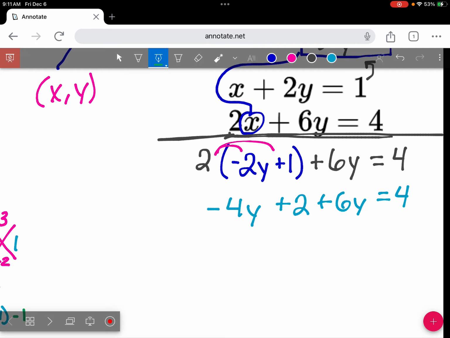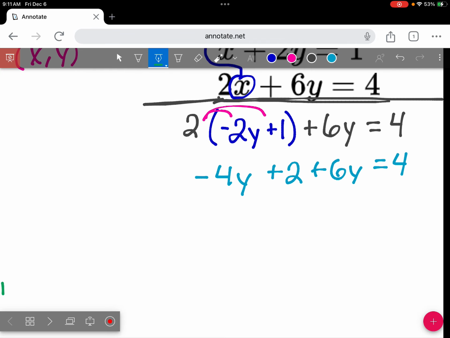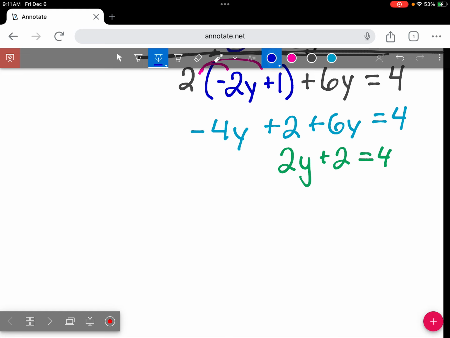Then what? Combine like terms. What do we get? 2y plus 2 equals 4. And then, yep, subtract 2 from both sides. We get 2y equals 2.